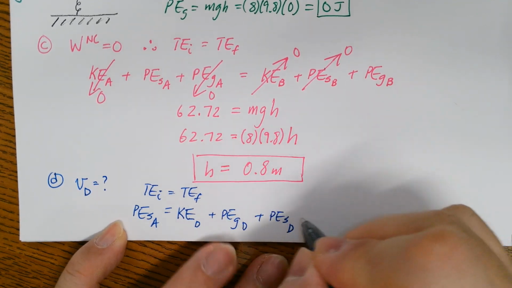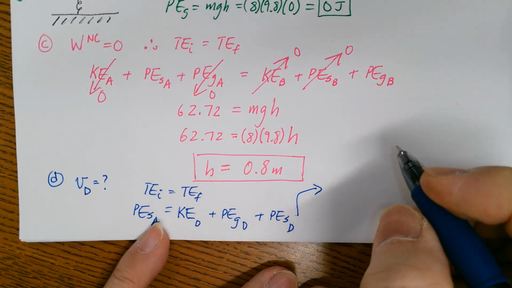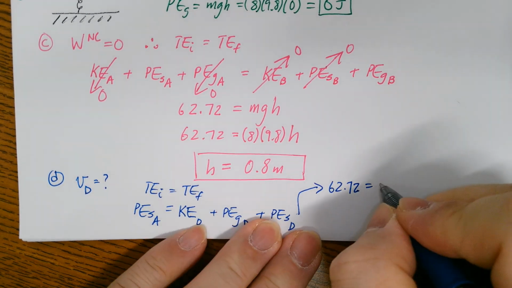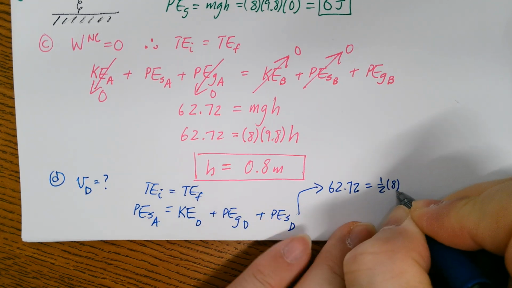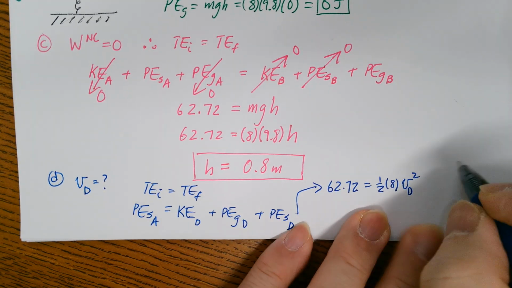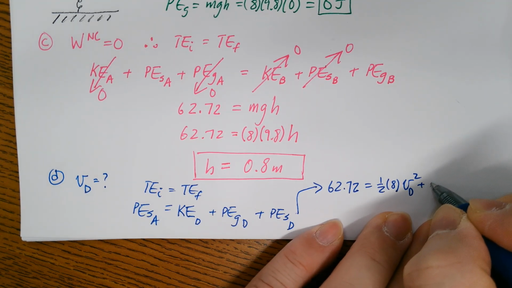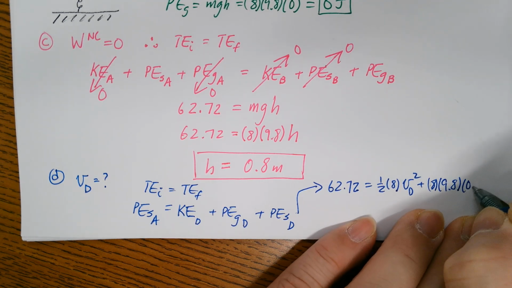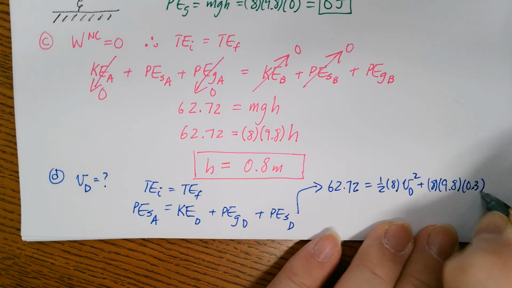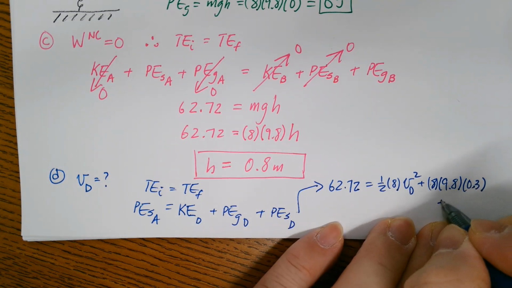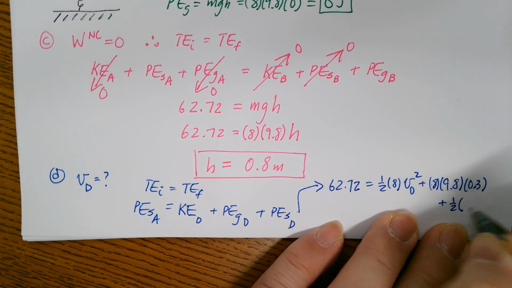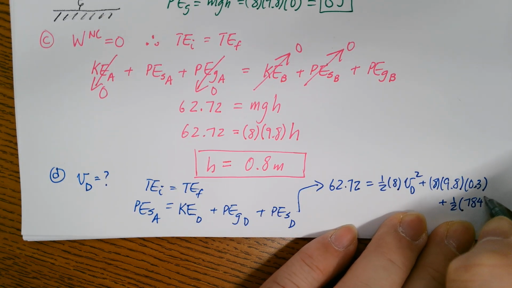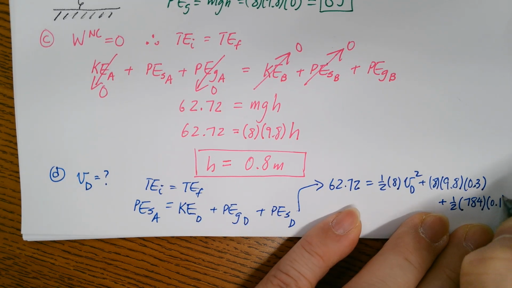So if you work it out, I have 62.72 is equal to 1/2 times 8 times V at D squared, plus 8 times 9.8 times 0.3, plus 1/2 times K, which is 784, times 0.1 squared.